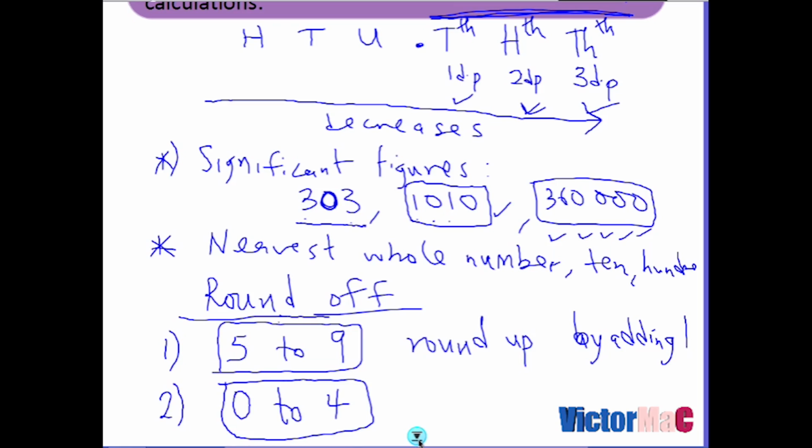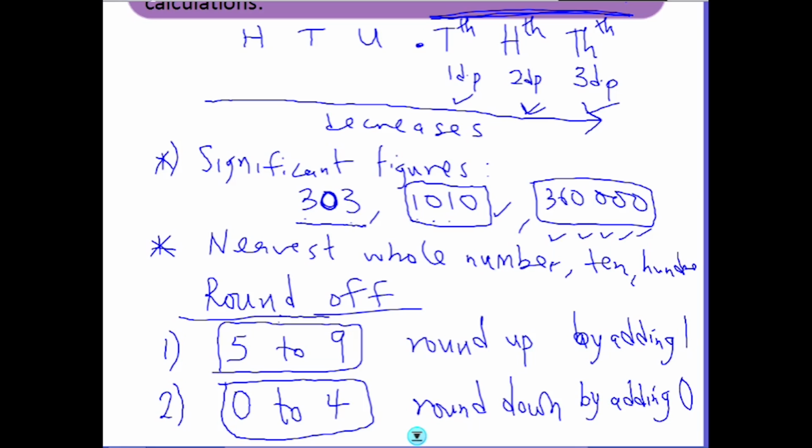Any of these digits appearing behind our particular degree of accuracy will enable us to round down. Sorry, round down. So we round down, and this means that we are adding 0, nothing.